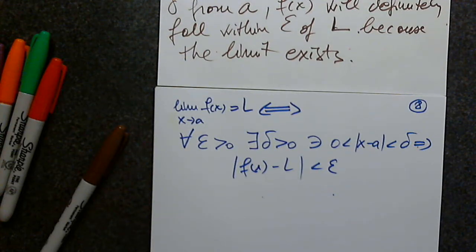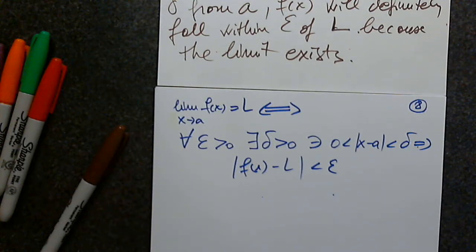I will find. For every epsilon greater than 0, there exists a corresponding delta greater than 0, such that. This lowercase e, also backwards, is such that. Right here, such that.